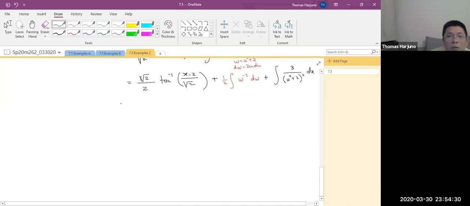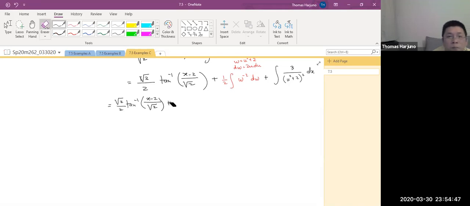Then I continue. Let me shift a little bit to the left so that I have enough space. I copy the first term. And then when I integrate the second term, I think I get negative 1 over 2w.